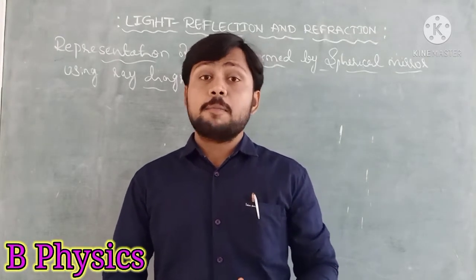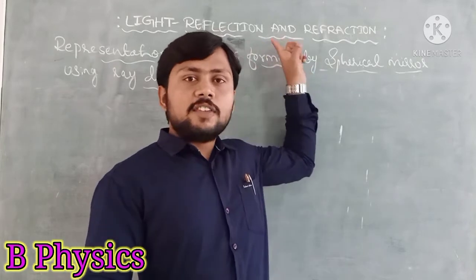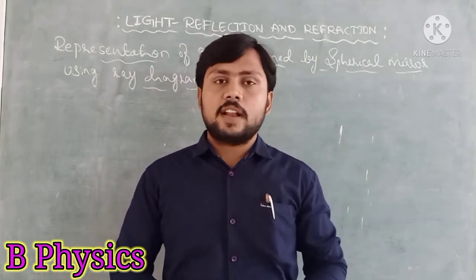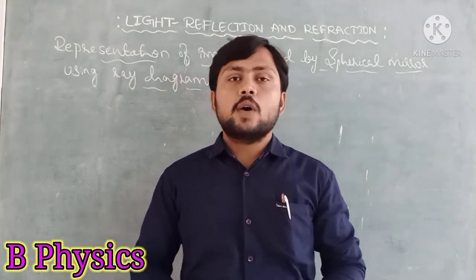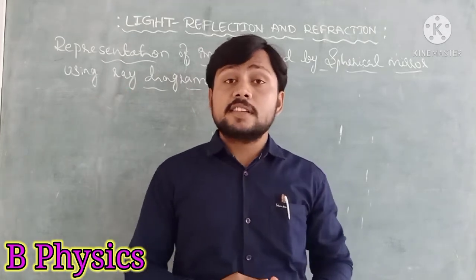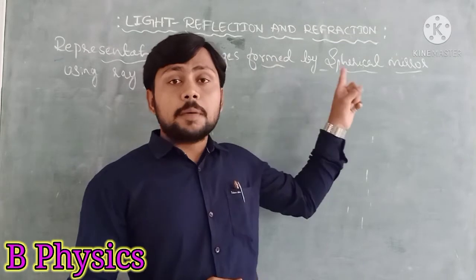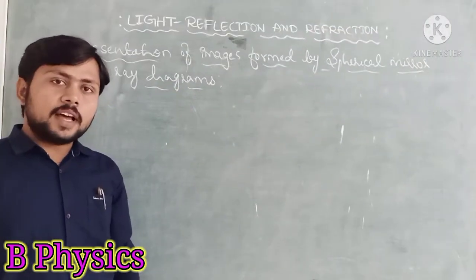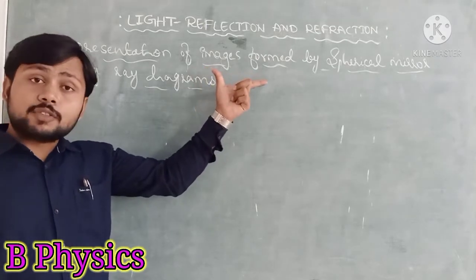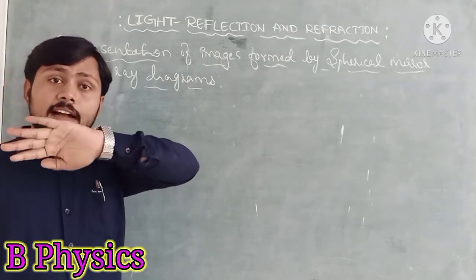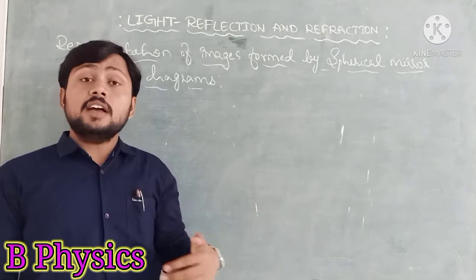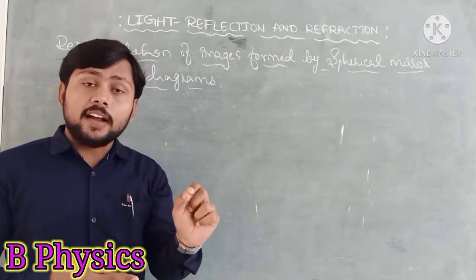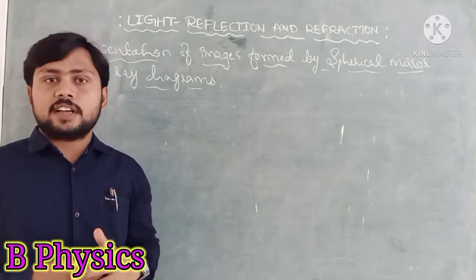Dear friends, in part 3 of light reflection and refraction, we have discussed reflection of light by spherical mirror. Now the next topic is representation of image formed by a spherical mirror using ray diagram. Friends, you know that the image is formed only when the light rays coming from an object meet or appear to meet at a point after reflection.